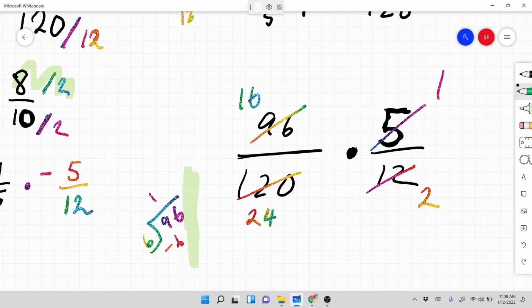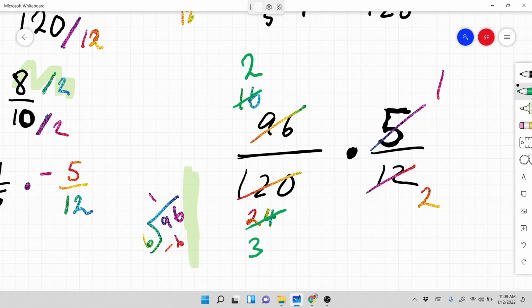So what's 16 divided by 8? 2. What's 24 divided by 8? What times 8 equals 24? That's what we're trying to find. 3.